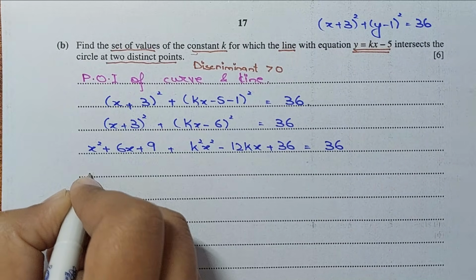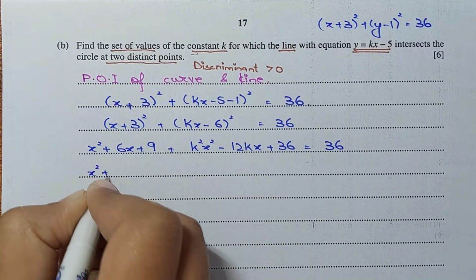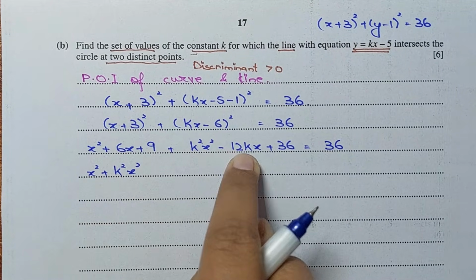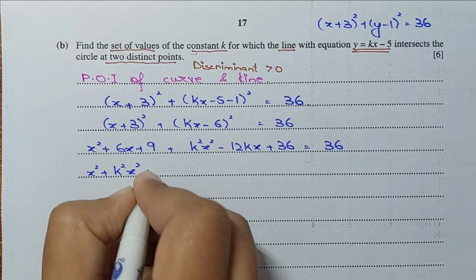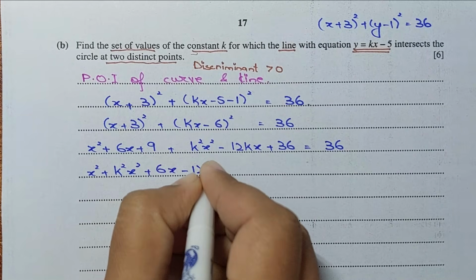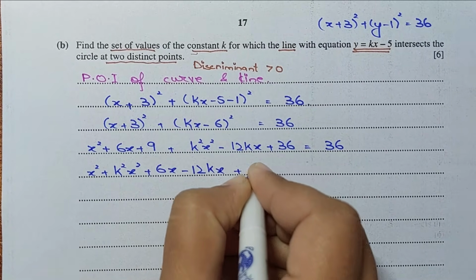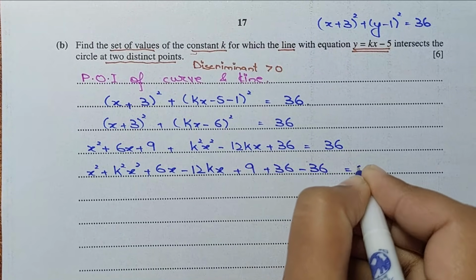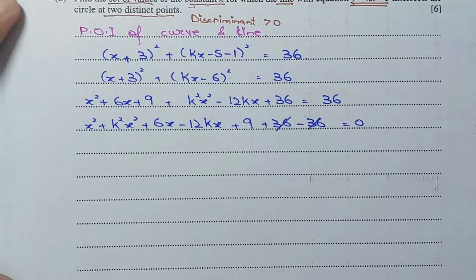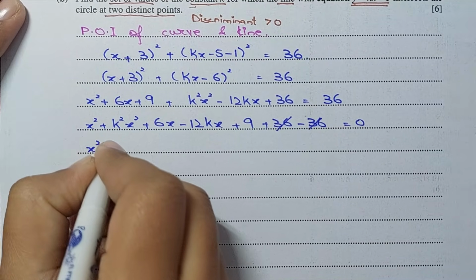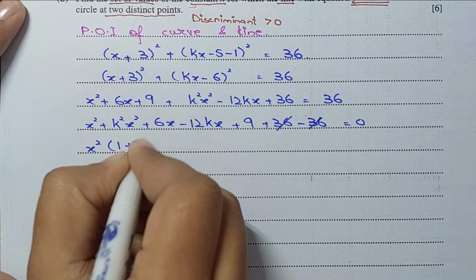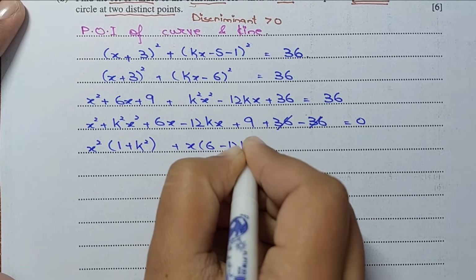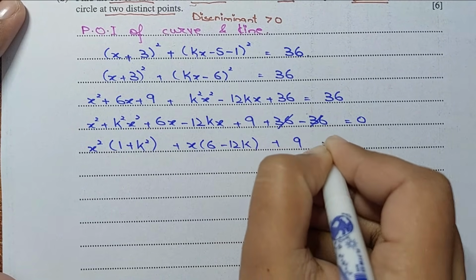Now combining the x² terms, x² plus k²x², the x terms are 6x minus 12kx, and the constant is 9 plus 36, and shift the 36 to the other side, minus 36. This is just 9. Now the x² coefficient is 1 + k², the x coefficient is 6 − 12k, and the constant term is just 9, equals 0.